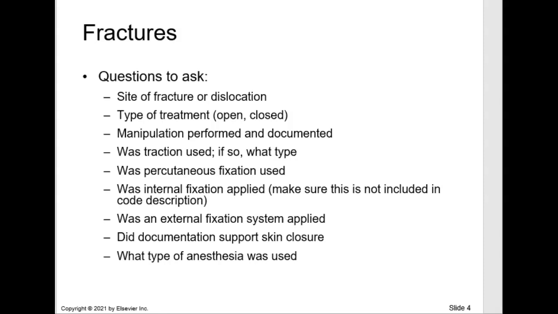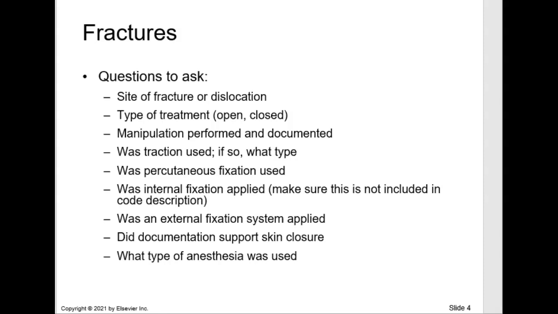They're not making an incision. They're taking their hands, or whatever they use, machines, to get those two bones back in line, no incision. If a manipulation is performed, it will be documented.